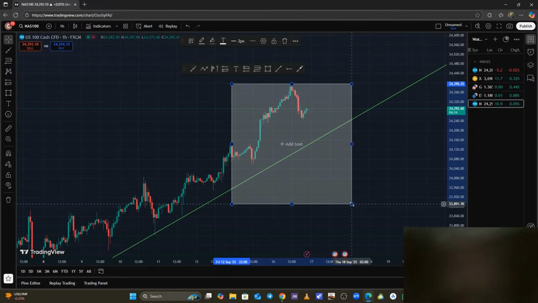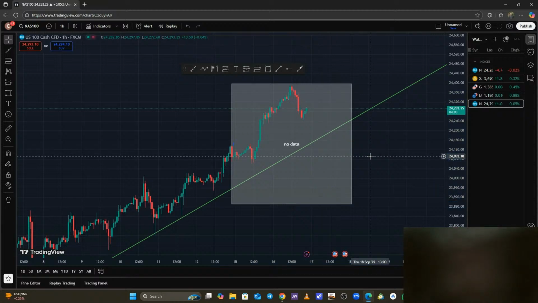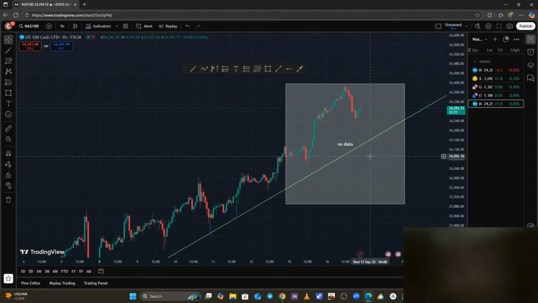You see where that box is? I've written it no data. So the only thing I was seeing when I was doing my analysis was before this specific box here.